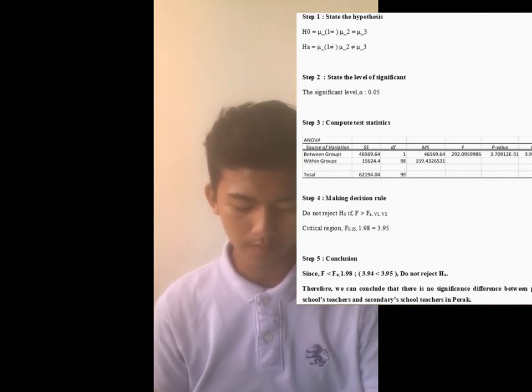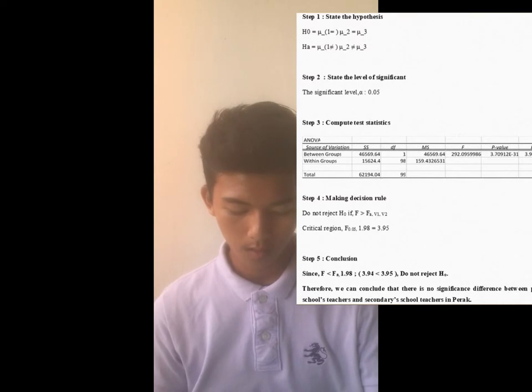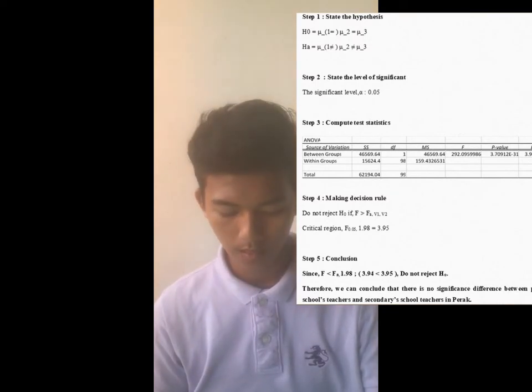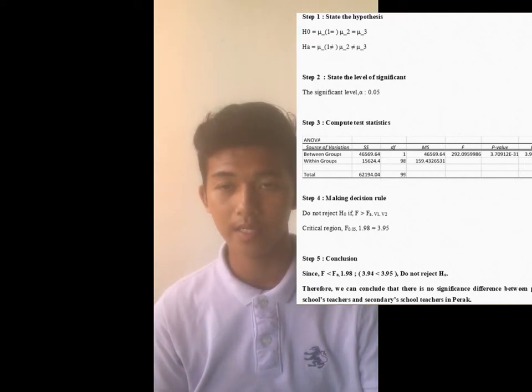The total SS is 62194.04 and the total DF is 99.